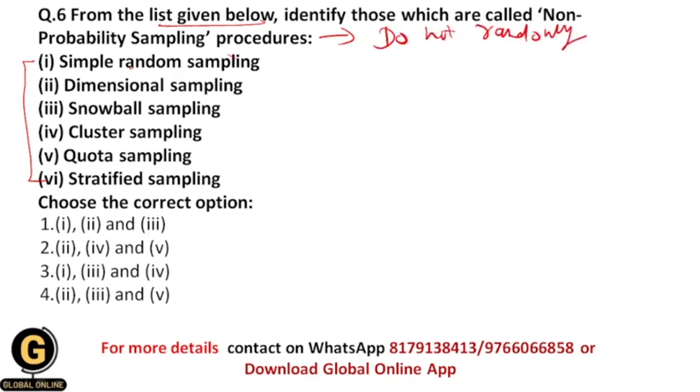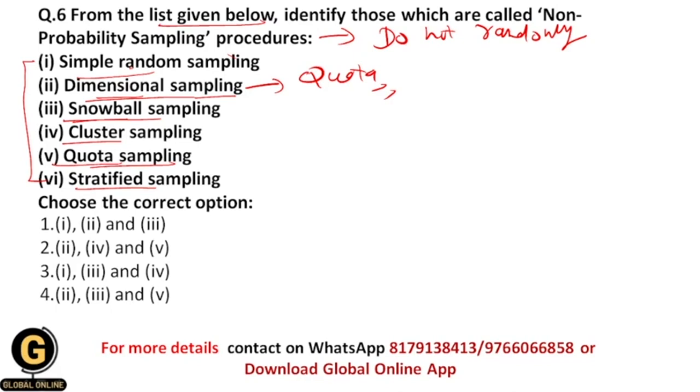Okay, so let us see the different sampling procedures here: simple random sampling, dimensional sampling, snowball sampling, cluster sampling, quota sampling, stratified sampling. From these, dimensional sampling, snowball sampling and quota sampling are the non-probability sampling procedures. Dimensional sampling is an extension of quota sampling, where participants are selected because they have particular characteristics.